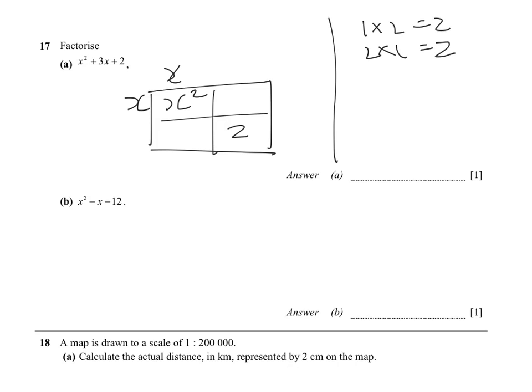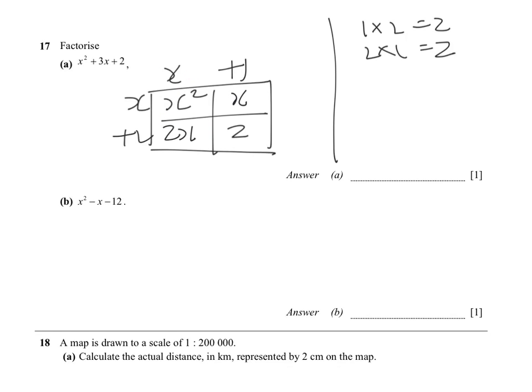Then which of these combinations, when added together, will give you 3? 1 plus 2 actually gives me 3. So I can write plus 1 here, plus 2. So it's 2x and 1x. 1 times x is x. 2 times x is 2x.